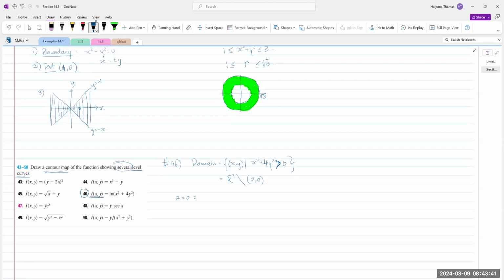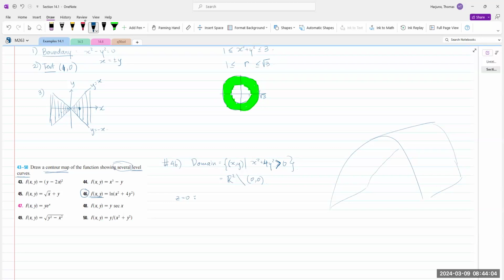You cannot really imagine, but this function will give you a surface. Maybe something looks like this.